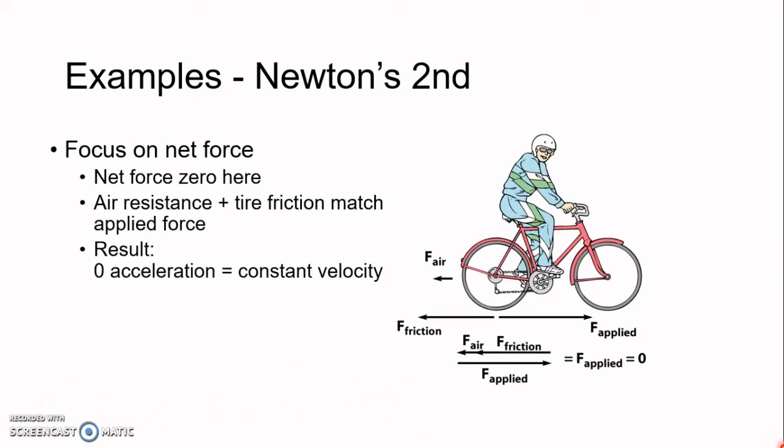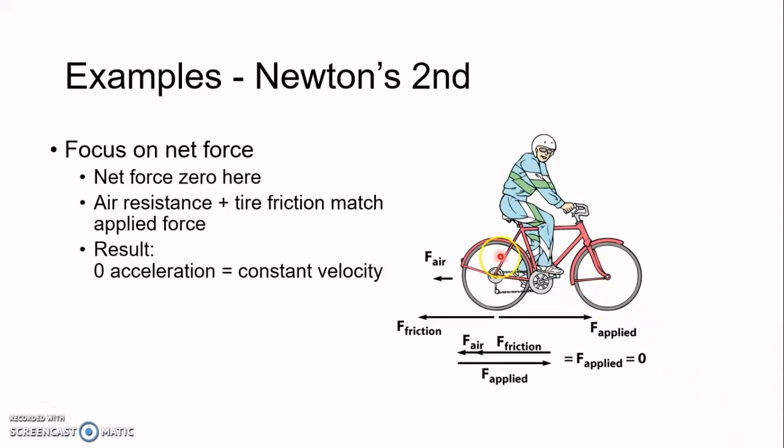Now, when talking about Newton's second law, we need to come back to a point we made earlier, and that is we're not worried about individual forces. They are all important, but really we're worried about the net force. So here's an example of a biker that is pushing forward. I want you to notice in this example that the net force here is 0.